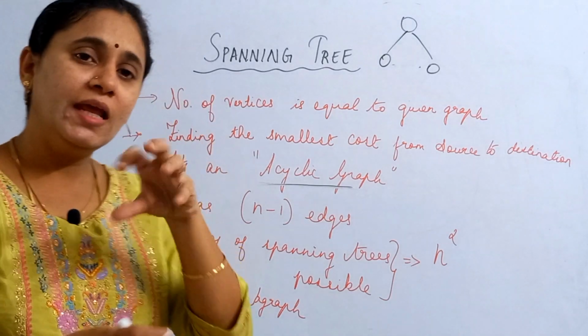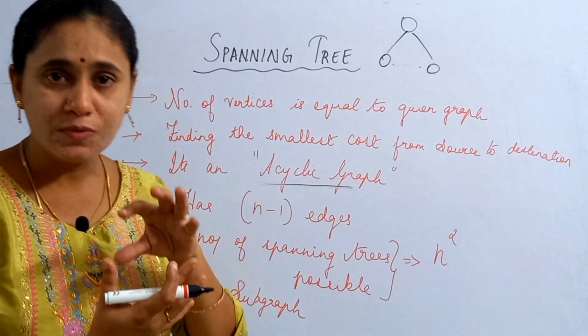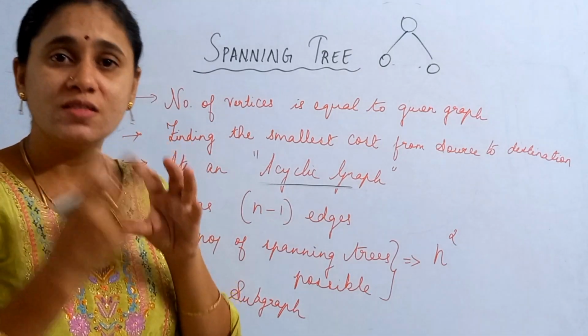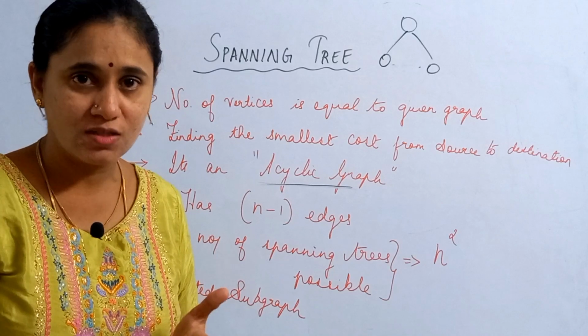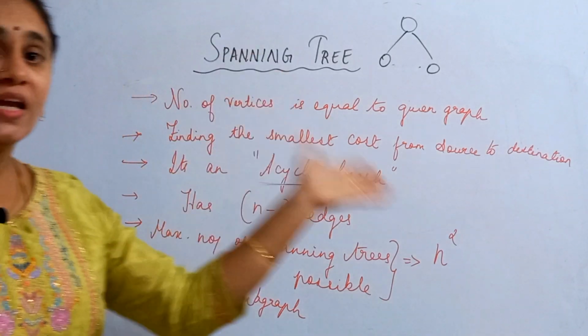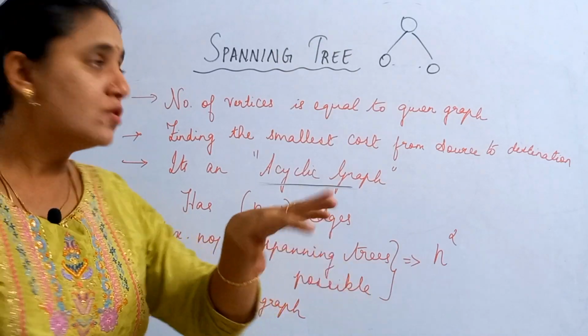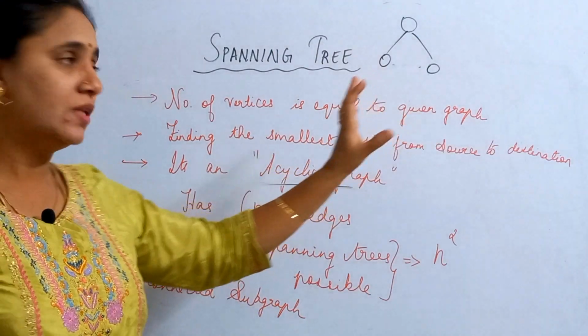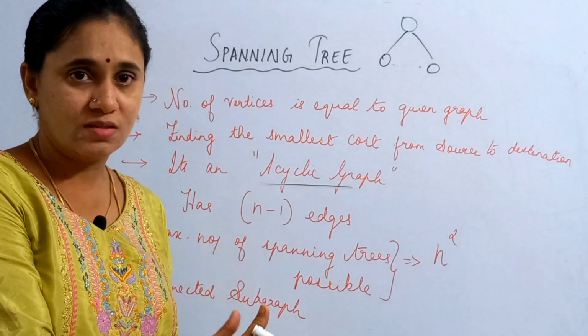You must take that graph, then apply some steps for reducing the cost to travel, as I said just now, and change it into a spanning tree. So this is the point being given: don't disturb the vertices, keep the vertices as they are.